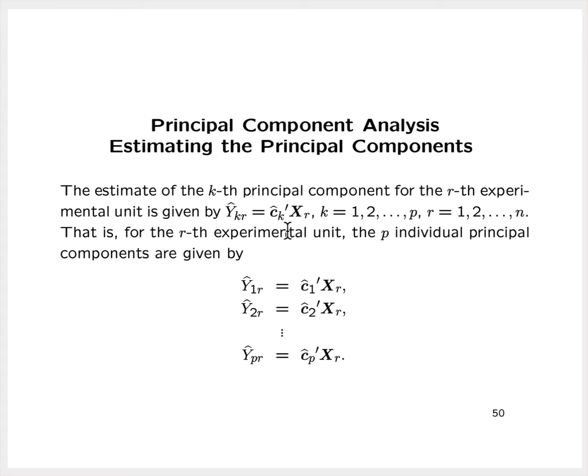So each experimental unit brings its own data into the data set, and for each experimental unit, we compute the values of its own estimated principal components. And so that's essentially what this slide is telling us, that each experimental unit is going to have calculated the values of its own estimated principal component values.